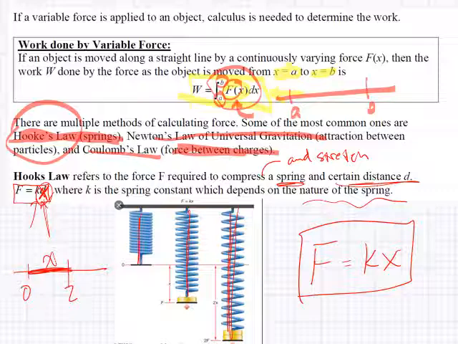So here's an example of a spring that's sitting in a position where it's not doing anything. This is its optimal state. And then we could stretch the spring out by placing a weight on it, a certain distance x, and we can put another weight on it, stretch it out another distance x, etc. So this is the concept of Hooke's law.